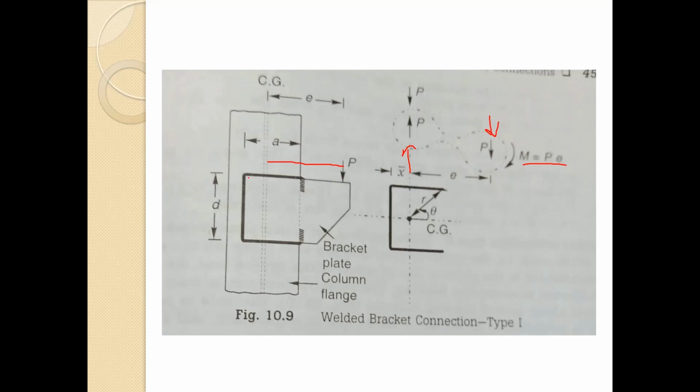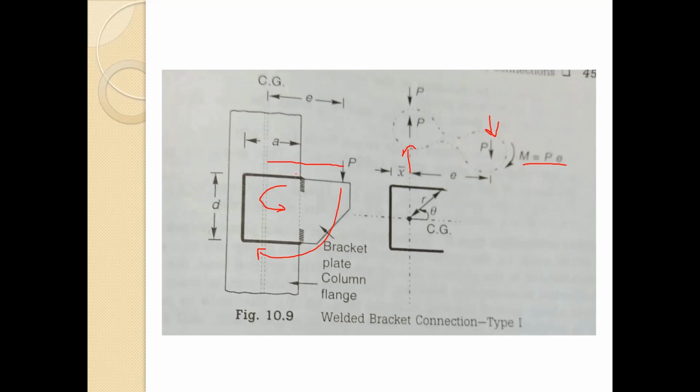To resist it we have to form another couple. We try to rotate the frame in this direction, and to resist it we have to form the moment in this direction. So this is the twisting moment.